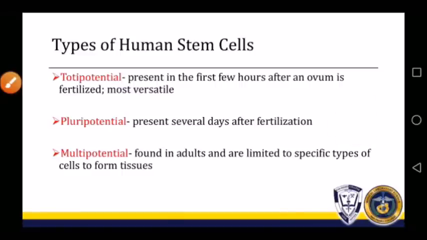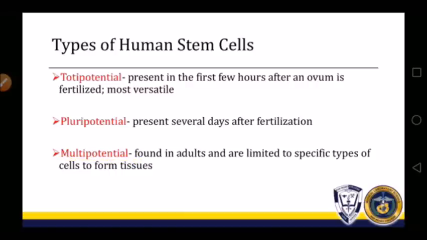So, the next type of stem cells are the multipotential stem cells. Multipotential stem cells are derived from pluripotential stem cells. So, if si pluripotential is the embryonic stem cell, because it can be any organ na naa sa embryo, si multipotential stem cells is the tissue-specific stem cells.